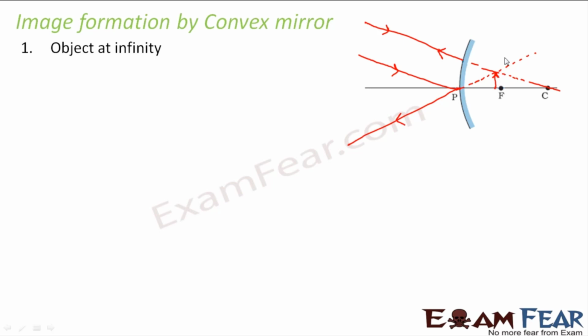So in this case, what kind of image is formed? The image formed is virtual, erect and diminished. Whenever you get a virtual image, that image is always erect. It is formed at the focus.